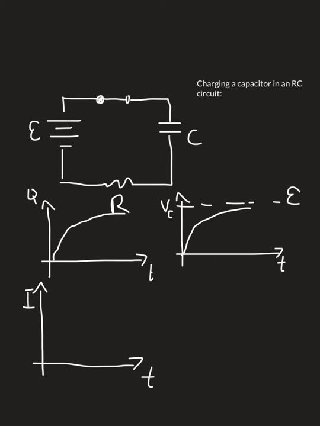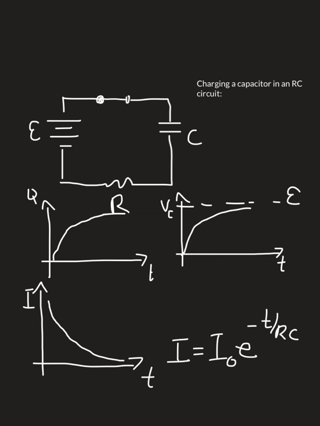So the current versus time curve for a charging capacitor looks like an exponential decrease, just like it did for a discharging capacitor. So the current is going to be equal to some initial current times e, Euler's number, raised to the negative t over RC, just like it was for the discharging capacitor.